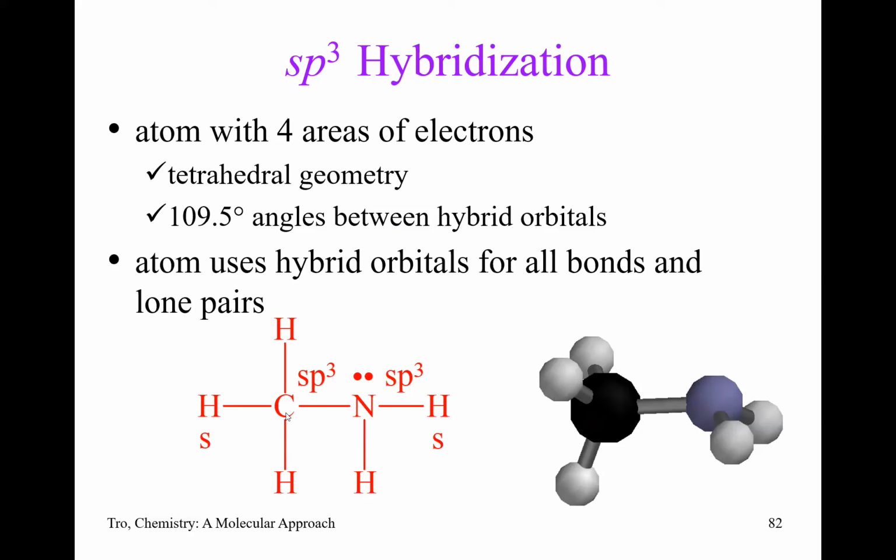The carbon has four single bonds, so it's got to be sp3, and then the nitrogen has three single bonds, it's also sp3, but those last two electrons, they're still there, but you need the three bonds to be equal, and the only way to do that is to have them be sp3, and then the one last sp3 orbital just has the lone pair in it.